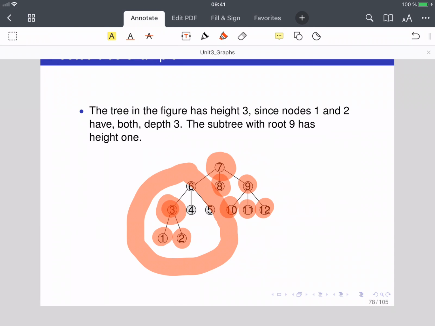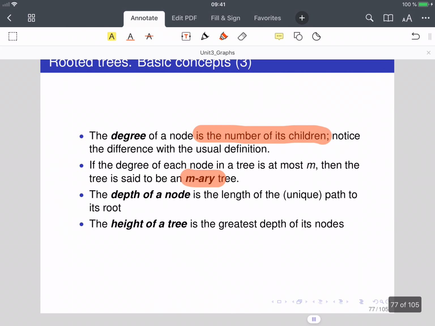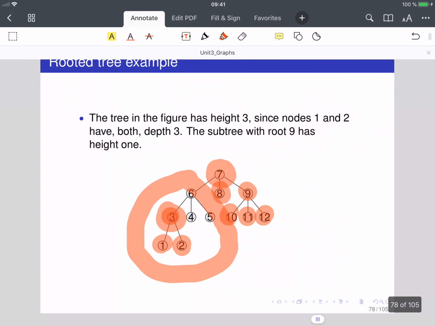Okay, and then the depth of a node is the length of the path that connects that node to the root. We know that that path is unique. Okay, so we count the number of edges and we have the depth, and this is very easy because of course the root is at depth 0, and then all the children of the root have depth 1.